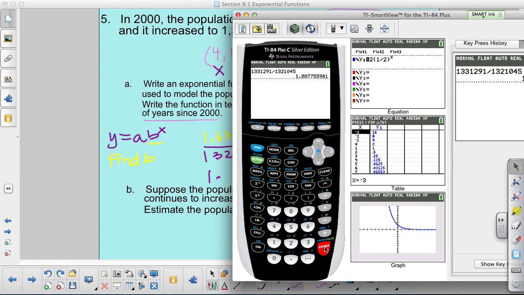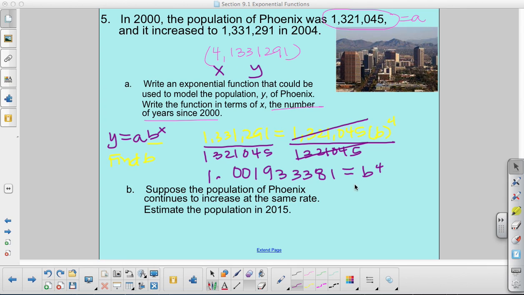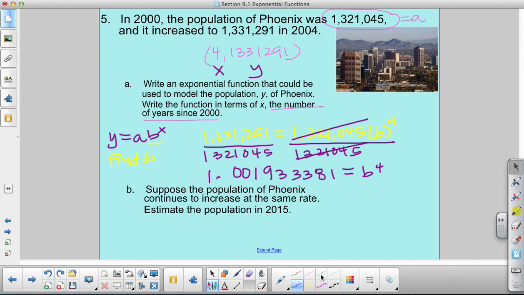That's the value that I get. Now I'm going to use this number to figure out what B is. I have B to the 4th. How do I get rid of that 4? In order to get rid of that 4, I would have to take the 4th root on both sides.